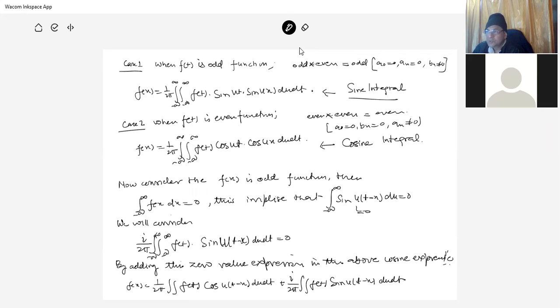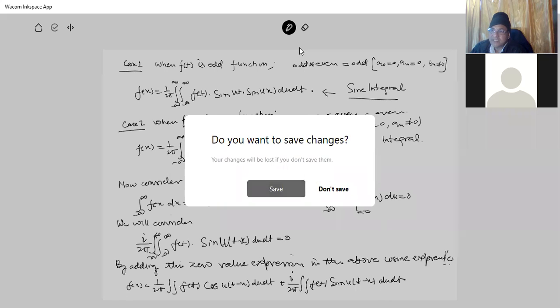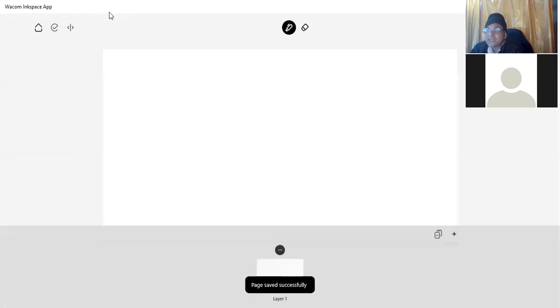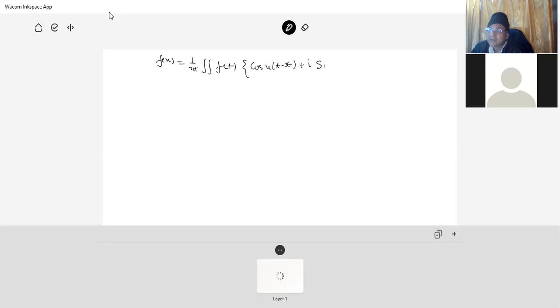So these two terms combine to form an exponential term. This can be visualized as: f of x is 1 by 2 pi, the integral of f of t, then cos u(t minus x) plus i sine u(t minus x), du dt.